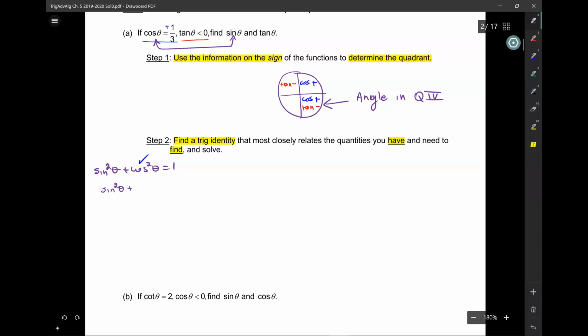So I have sine squared theta plus cosine squared theta. Now I have cosine as 1/3, but I do 1/3 squared, is equal to 1. So sine squared theta plus 1/9 is equal to 1.